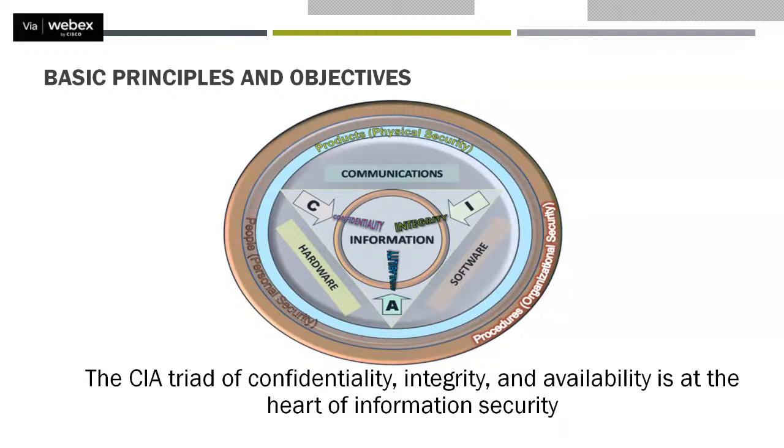Confidentiality is keeping the information confidential to the sender and receiver only, and integrity means the information has to reach the destination or receiver as it has been sent by the sender. And finally, the availability.